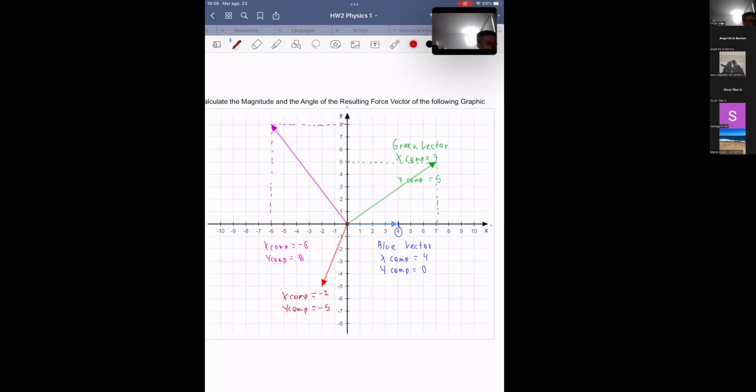Remember, x components with x components, y components with y components, and then apply the formula of Pythagoras. So it will be the blue component plus the green component plus the pink component plus the red component from each one, and then the square root of that answer to the second power plus the other one.